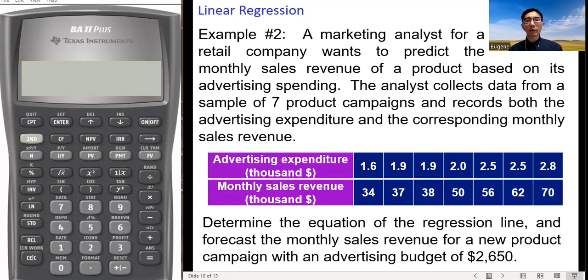Determine the equation of the regression line and forecast the monthly sales revenue for a new product campaign with an advertising budget of $2,650. Note that the unit in the table corresponds to $1,000.